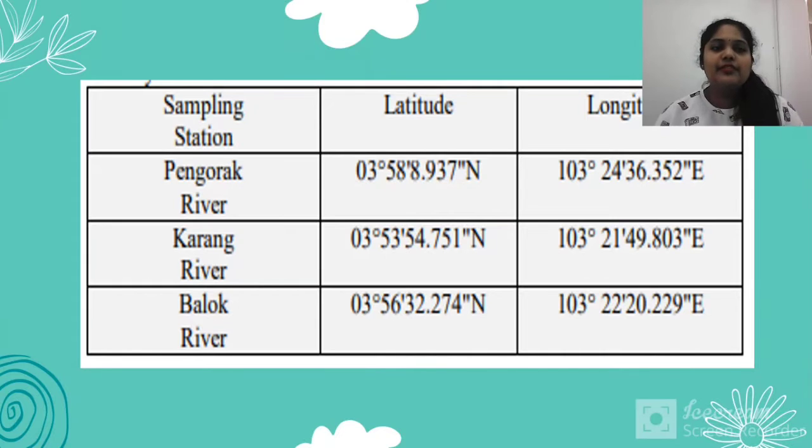These 3 rivers were chosen as sampling stations because the tribal community lives alongside the river, and the people living in the kampong also use the water for their cows' feed and other household needs. So this is all for this segment.